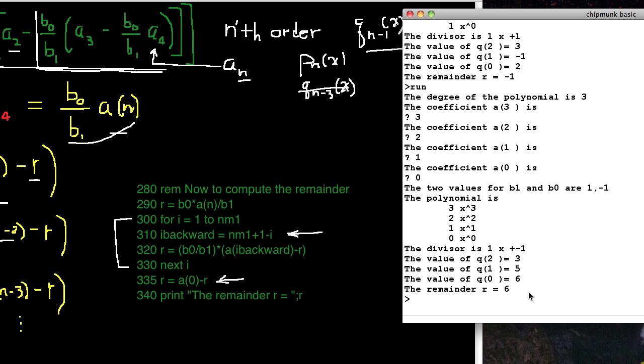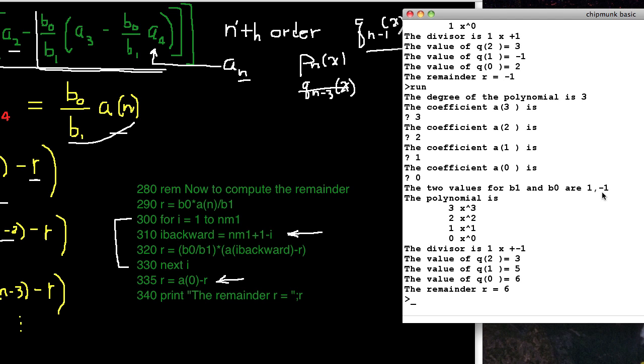So you need to do this division by hand to see if, in fact, that is the right answer. One thing I can check right off the bat is that the remainder should be the value of the polynomial evaluated at c, since I'm dividing by x minus c. So the remainder is the value of the original polynomial evaluated at c.